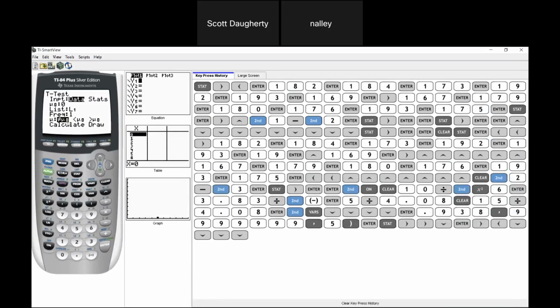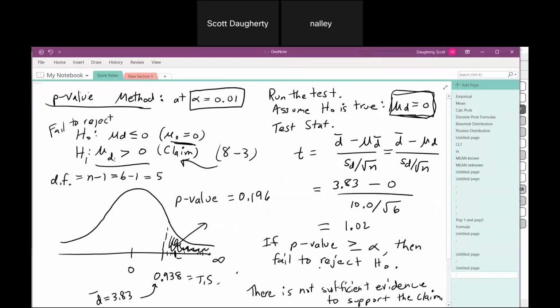And this is your alternative hypothesis, which is that, don't label it as mu sub d. They don't know you're talking about a population of differences. Call this mu sub 0. Mu sub 0 is 0, right? From here.